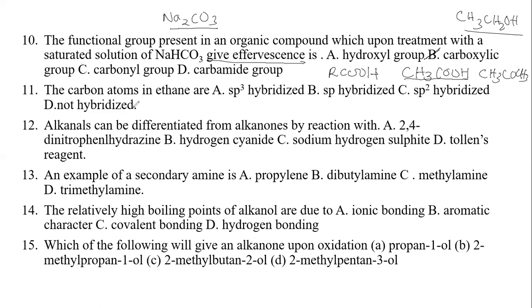Question number 11 says that the carbon atoms in ethane are: sp2 hybridized, sp3 hybridized, sp hybridized, sp2 hybridized, or not hybridized. Now, alkanes generally are sp3 hybridized. Alkene carbons are sp2, so ethene will be sp2 hybridized.